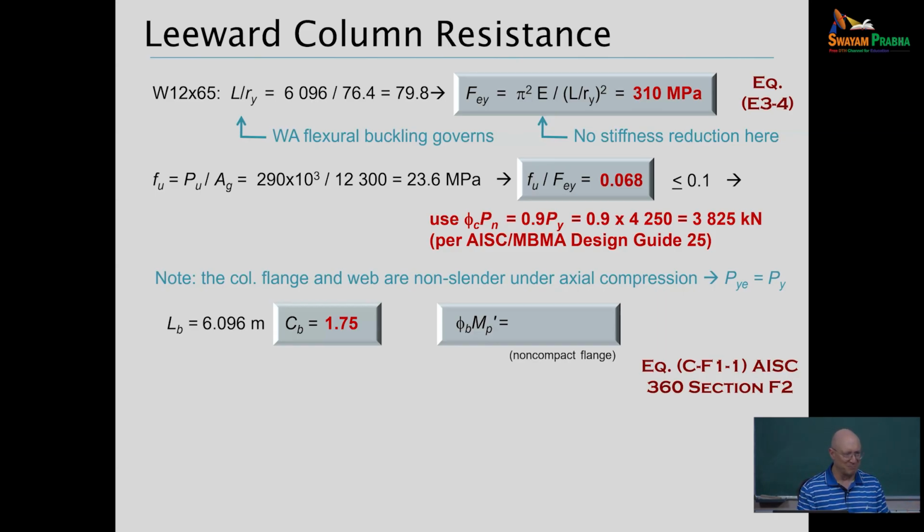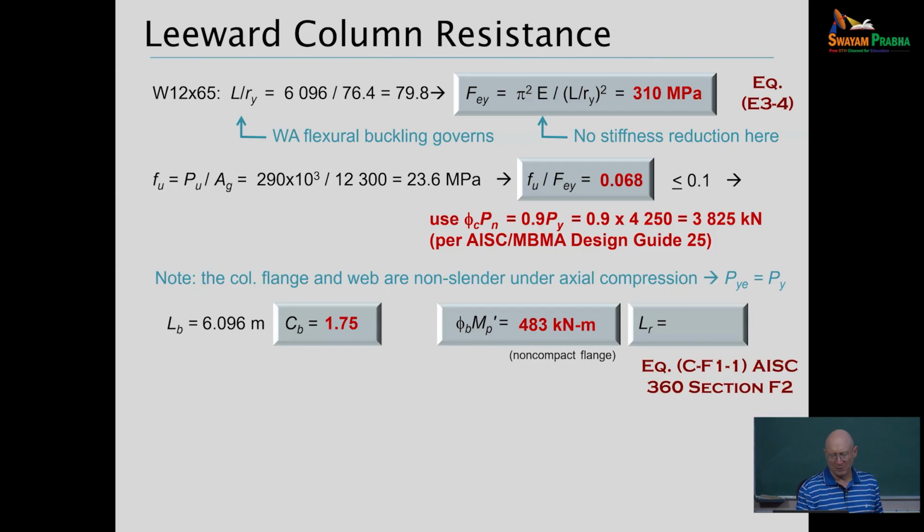So class 3 flange, okay, or semi-compact. And so if we did the calculation there, the plateau strength, considering the reduction for the flange local buckling is just 1% or 2%, and it's 483 kilonewton meters.